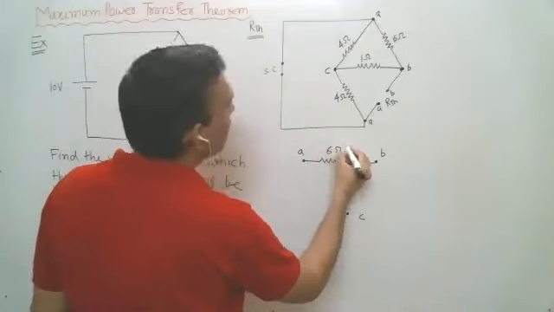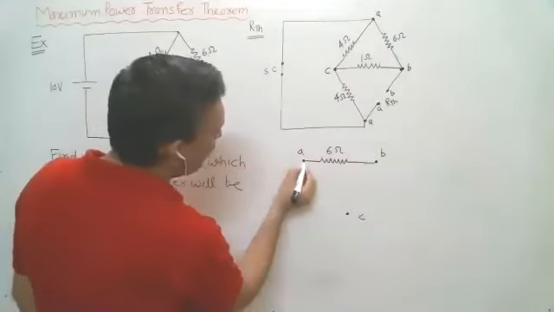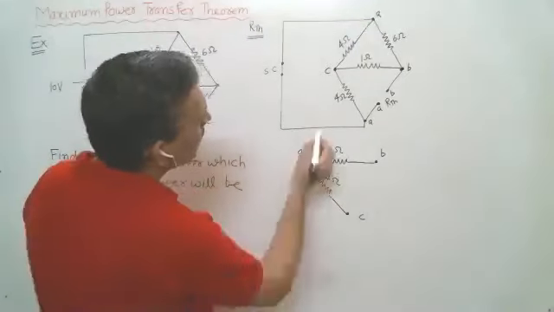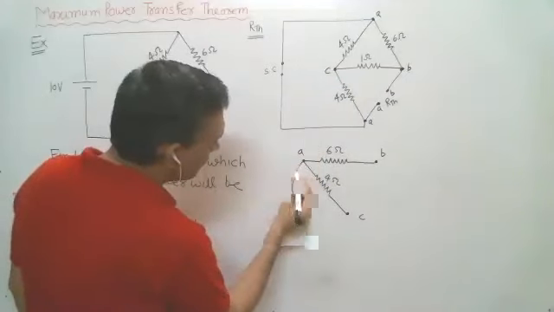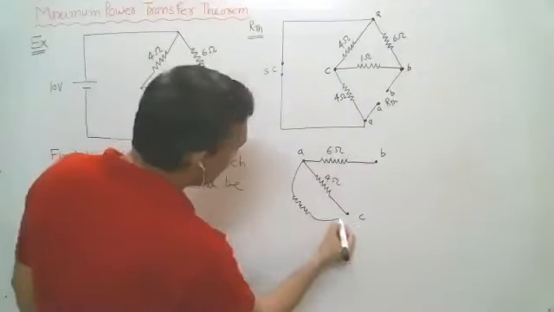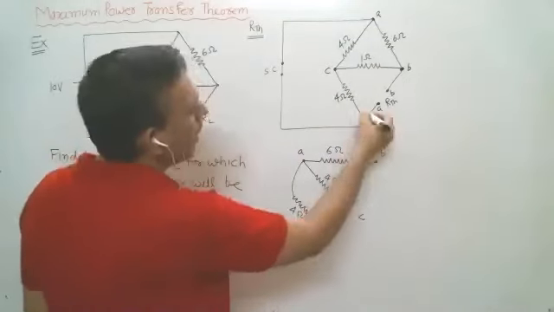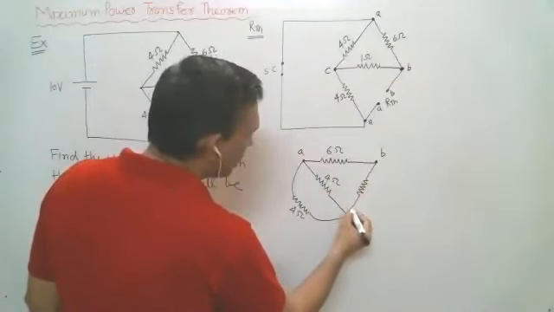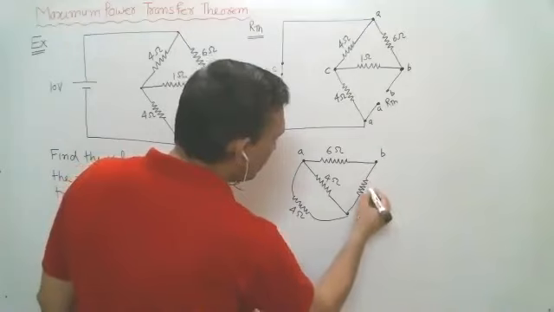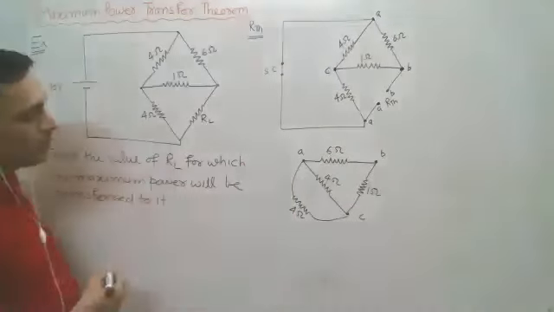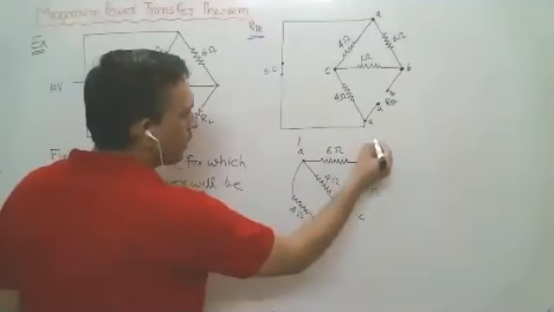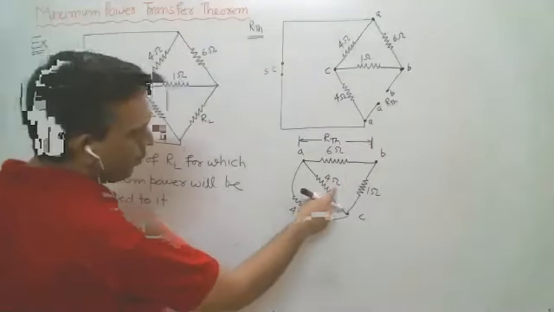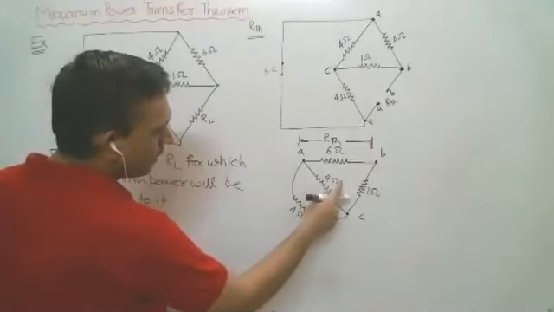Across AC you have 4 ohm, and this is also across AC, this is also 4 ohm. And across CB you have 1 ohm resistance. So you can easily find the equivalent across AB. This equivalent is RTH. Now you can see these two are in parallel.